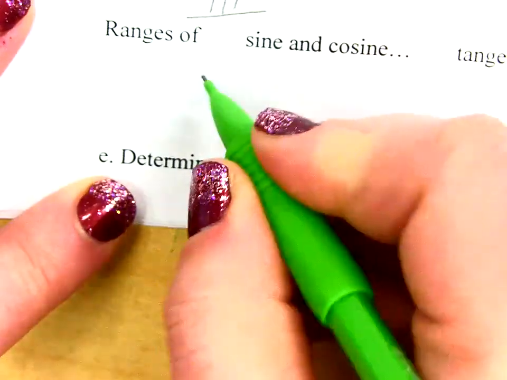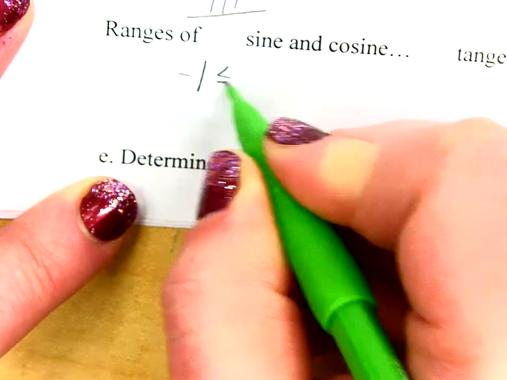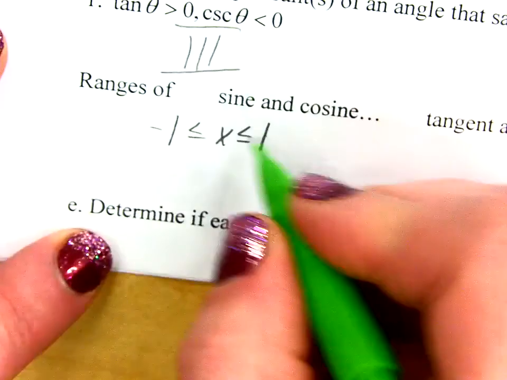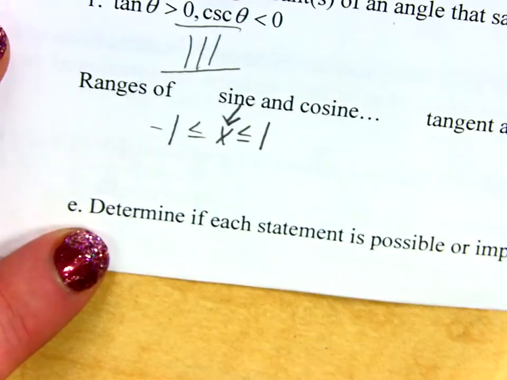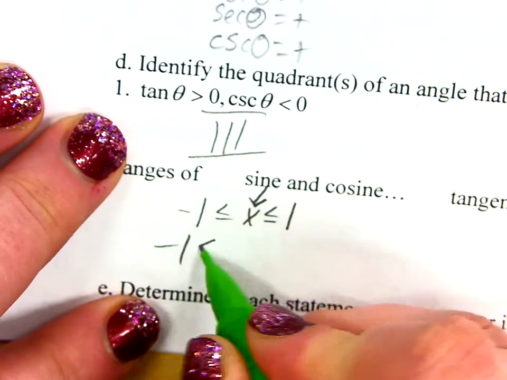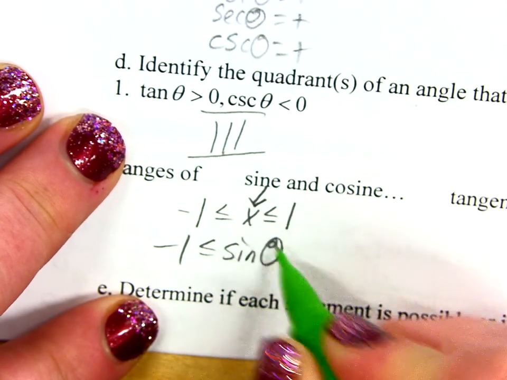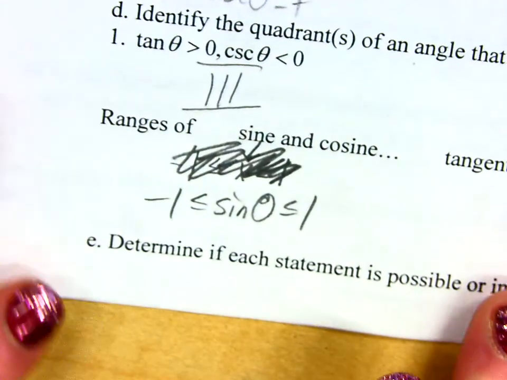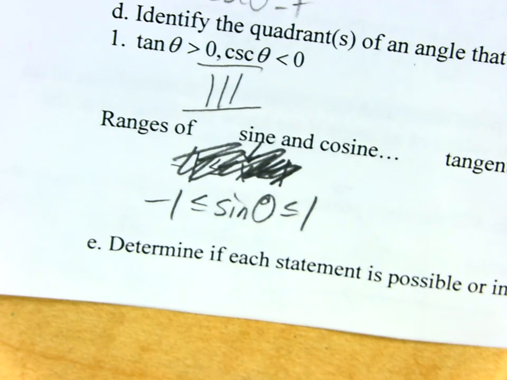Okay, so for sine, I can go in between -1 and +1. Actually, let's do sine of theta instead, to make it more clear. So, no matter what sine is, you should be fluctuating in between -1 and +1.